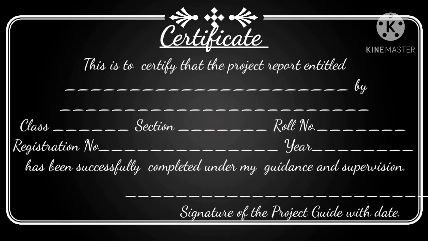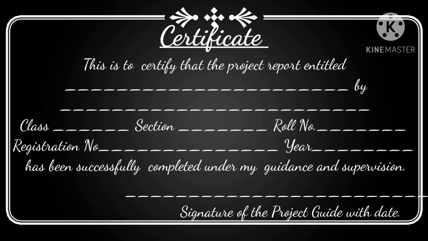The title page will be followed by certification. So the certificate should look like this. You're going to write certificate. This is to certify that the project report entitled, and here you're going to mention the title of your project, by, then again you're going to write your name, class, section, roll number, registration number, and year, has been successfully completed under my guidance and supervision.